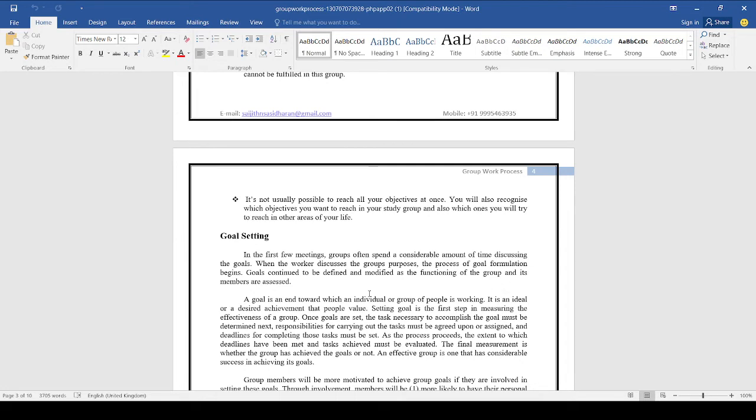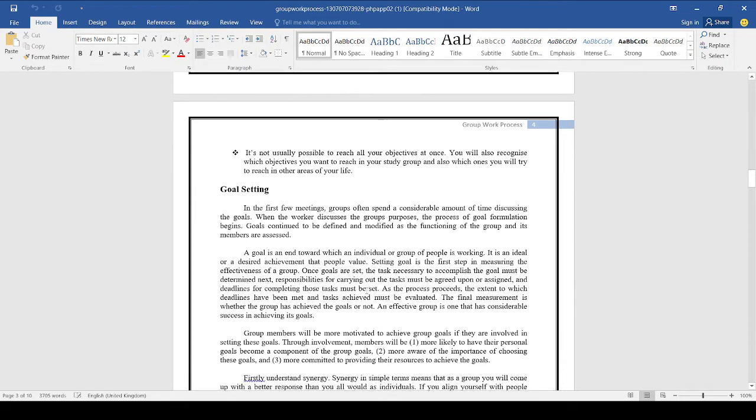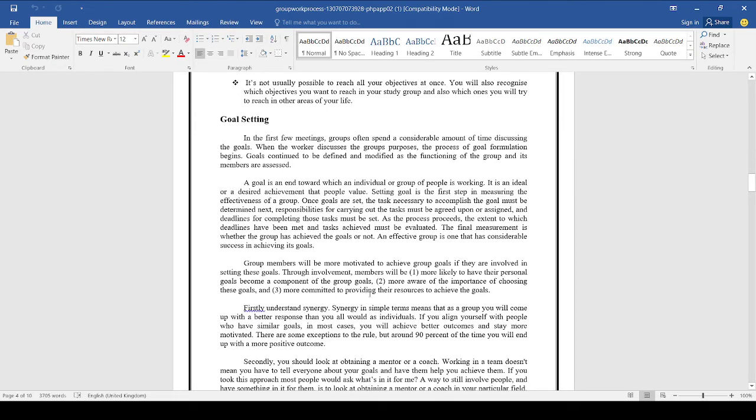The final measurement is whether the group has achieved the goal or not. So an effective, successful group is one that has considerable success in achieving its goal. Here the group members are very much motivated to achieve the group goal. Their involvement is very important.